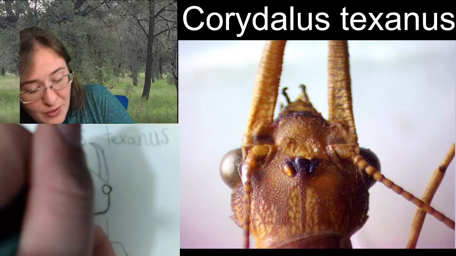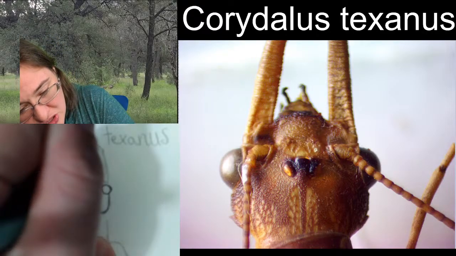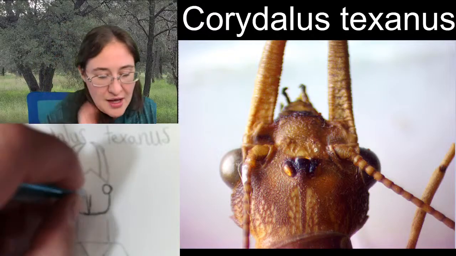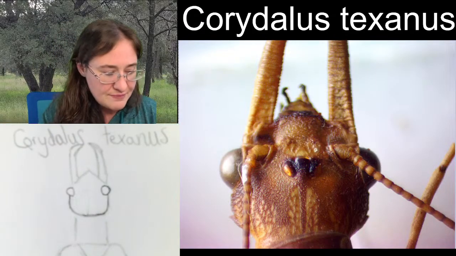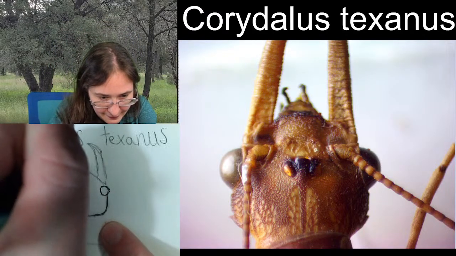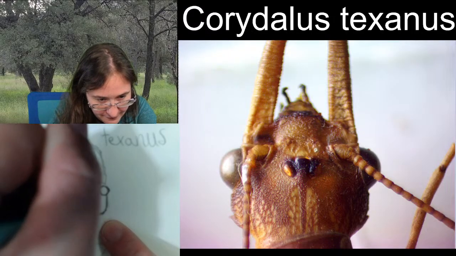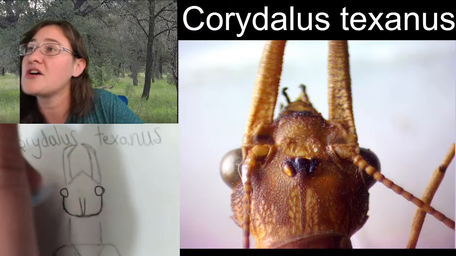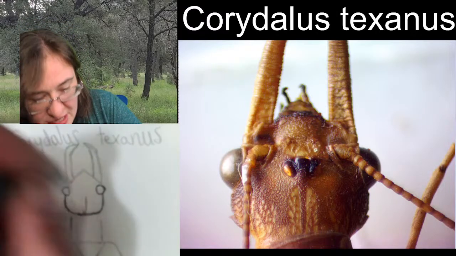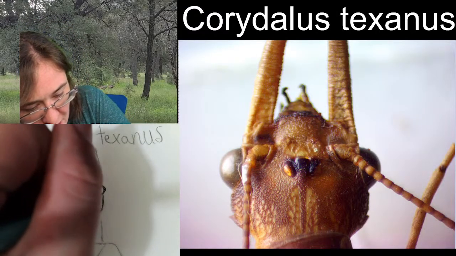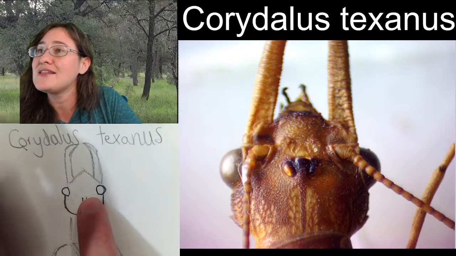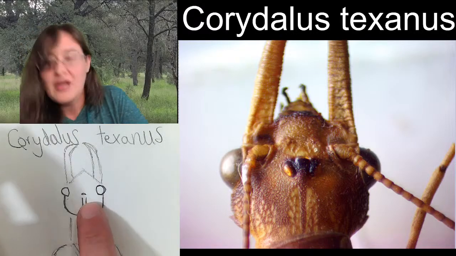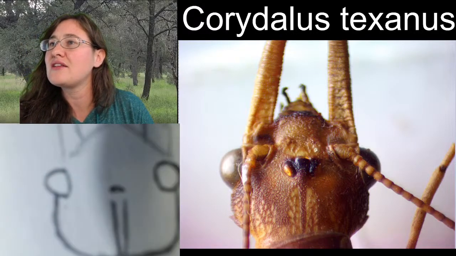Now, right about here in the center of our head, this is where we have that spine, that detailing. And actually that's not very centered, huh? That's better. Right about here in the center, we have that kind of longer spine that's very narrow, and then it goes all the way up to in between the compound eyes and ends with an ocelli that goes forward that you can only see almost like a little half moon of.